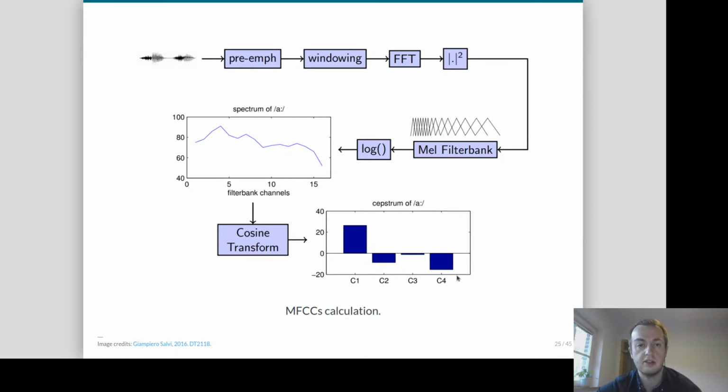Right? And this is something you would do on a small segment of the waveform, and then apply repeatedly to produce the sequence of acoustic vectors. So what you see here would be one of these acoustic vectors, but you would produce several of them by sliding this preprocessing procedure over the whole input sequence.